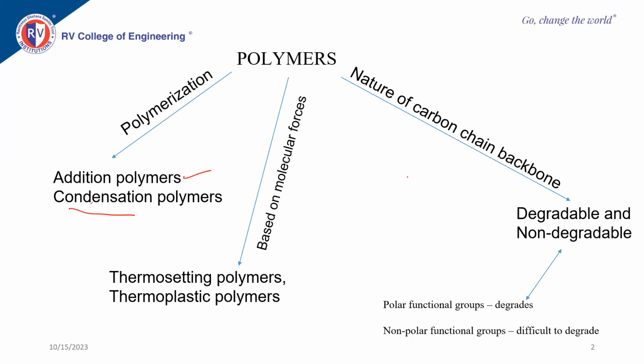Depending on the nature of the carbon chain backbone, another classification recently emerged: degradable and non-degradable. But we do not have any instance to claim that these polymers are non-degradable, given the emergence of many technological processes.